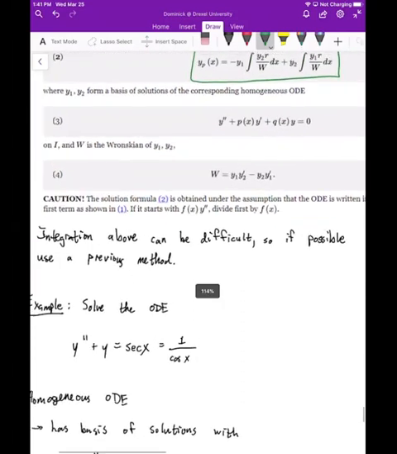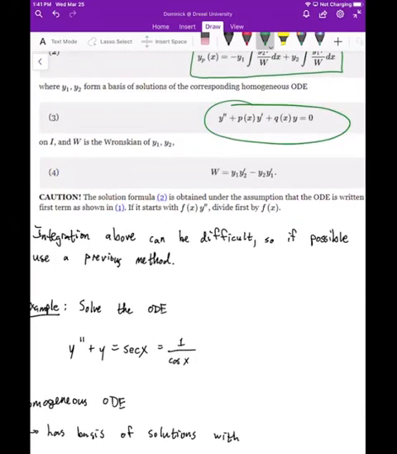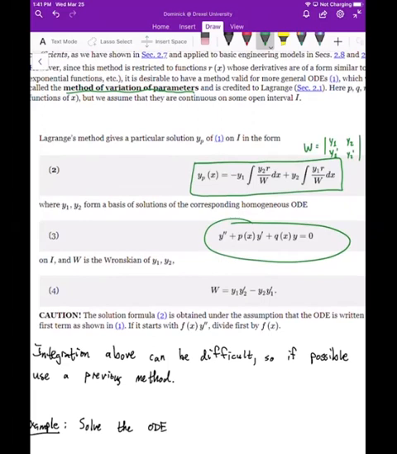Now, if you can avoid this method, it's usually desirable to do so, because sometimes this integration might get cumbersome, right? Depending on how messy your input function R is, you could have some messy integration to deal with. So if you can avoid using this method and thus avoid the integration, that's usually recommended.